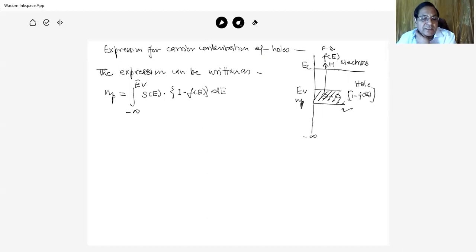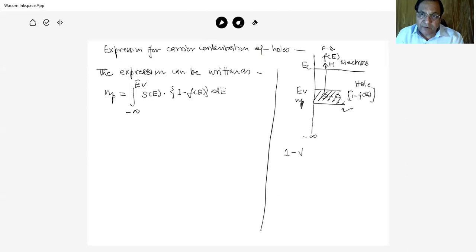What is the function f of E? Now we can have 1 minus f of E as 1 minus 1 upon 1 plus e raised to the power (E minus EF) upon KT.